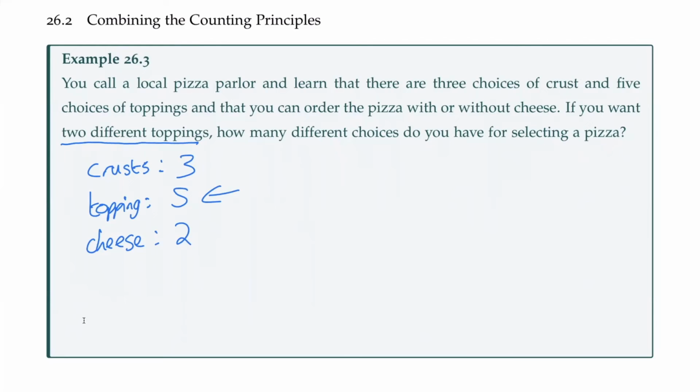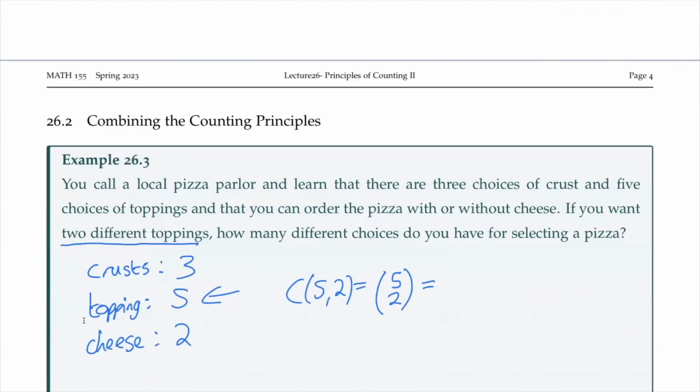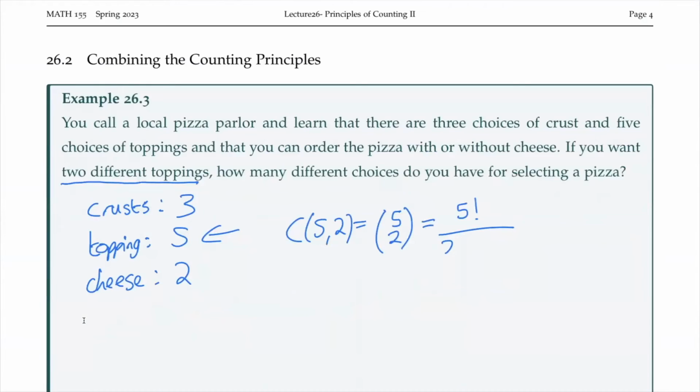So we need to think about our combinations of toppings, and we're choosing 2 from 5. So that means we need to look at the combinations where n is 5 and k is 2. So that's written also as 5 choose 2, which, using our notation above, has our n on the top, it's 5 factorial, divided by our k, which is 2 factorial, times n minus k factorial.